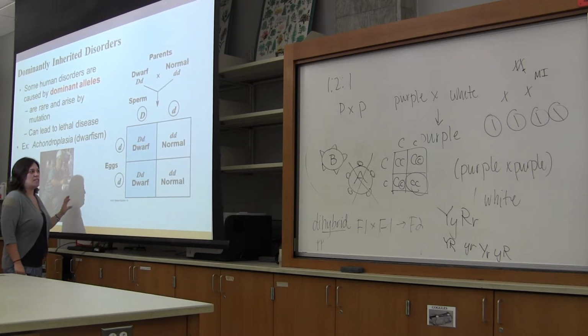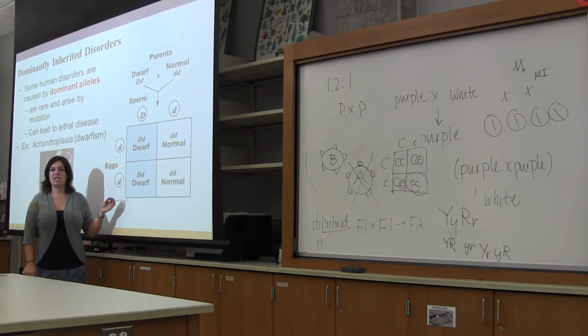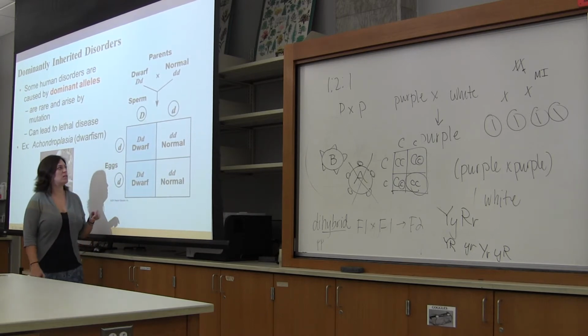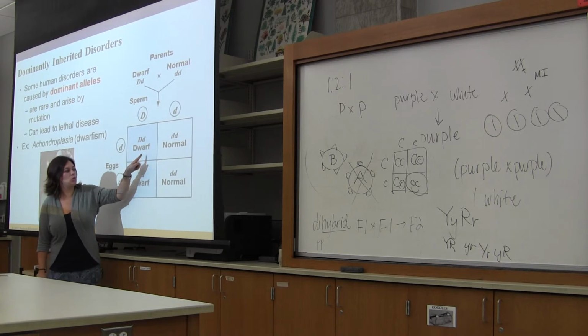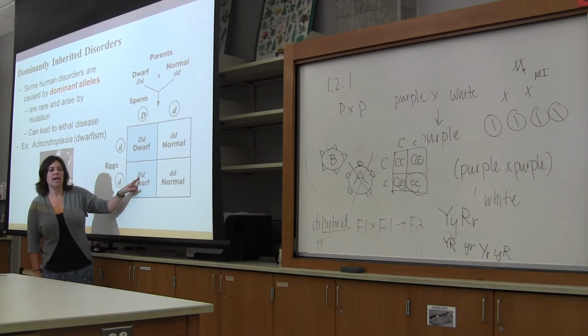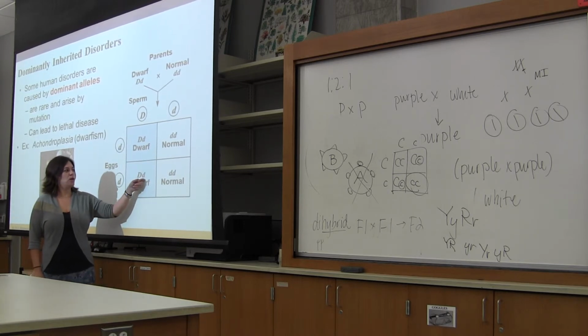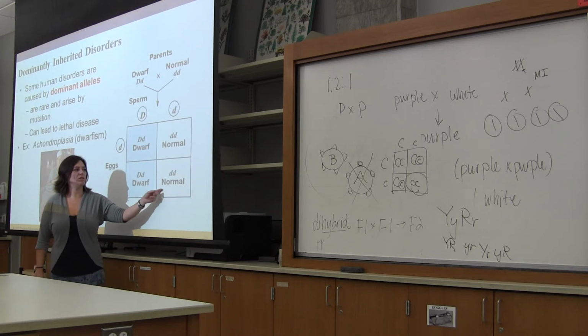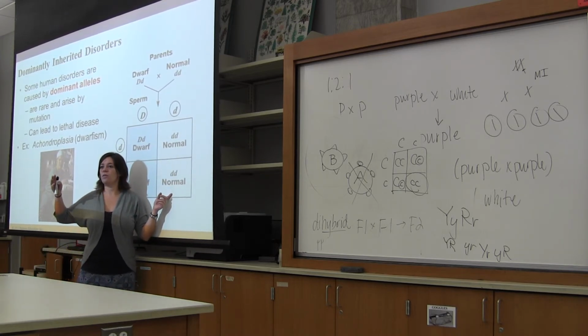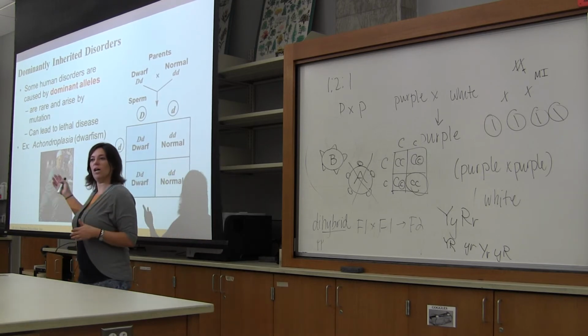So this condition is going to be inherited in a dominant fashion, because in order to get the dwarf phenotype, you only need 1 copy of that dominant allele. And so if you have 2 copies of the normal allele, then that's going to make you of normal height and not going to make you a dwarf.